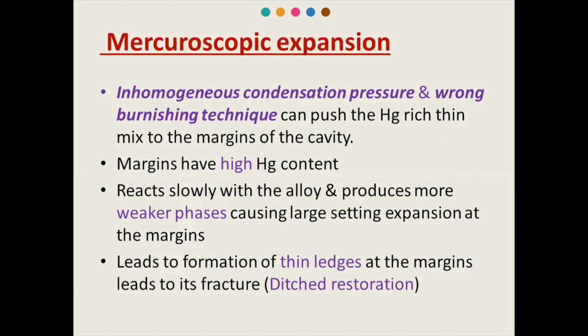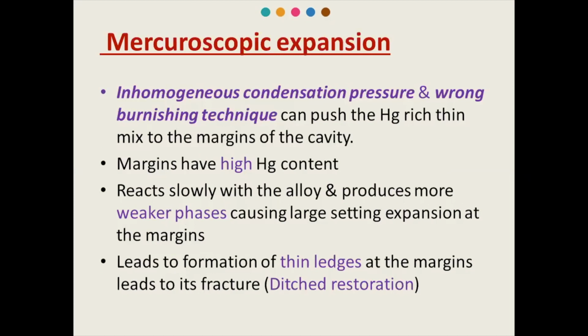Now lastly, I will be covering mercuroscopic expansion. This was once asked as a short answer question in the university exam. So what is this? Inhomogeneous condensation pressure and wrong burnishing technique push the mercury-rich thin mix to the margins of the cavity. So at the margins all the mercury gets collected.